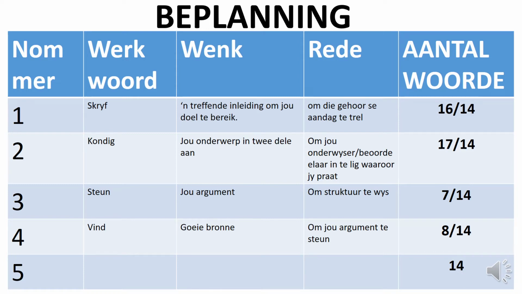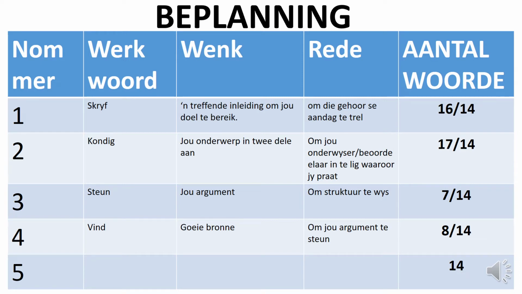So 7 is fine. Then the next one, vind goeie bronne. Remember, we had to have good support for our argument. Om jou argument te steun, to support our argument. Okay, so throughout these reasonings, we've used words that link those two so that we can have a full sentence. We've started with a verb every single time.